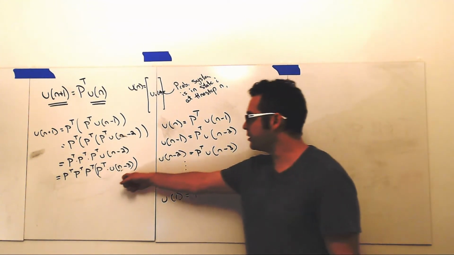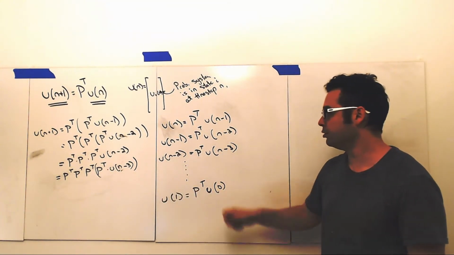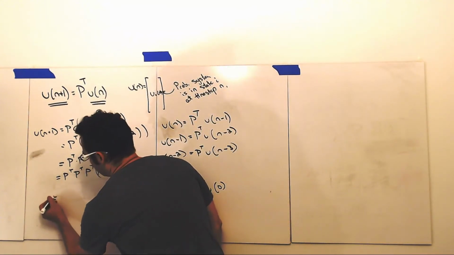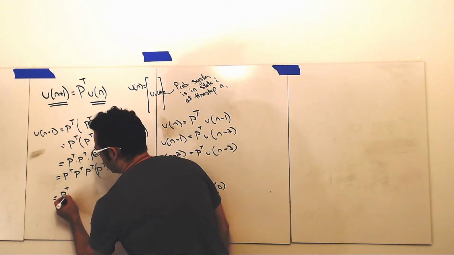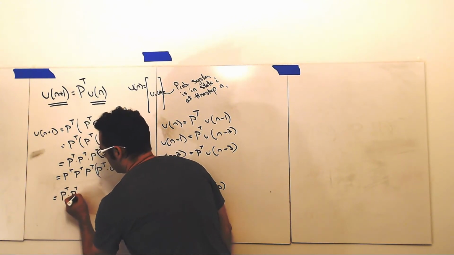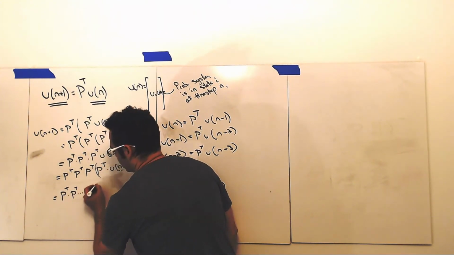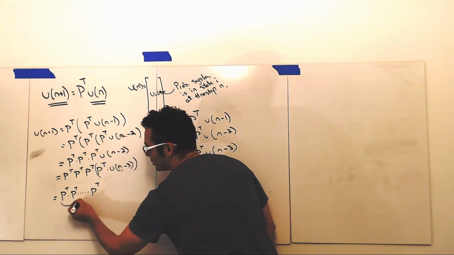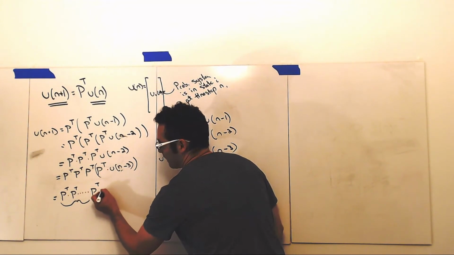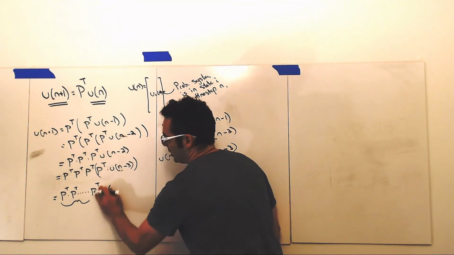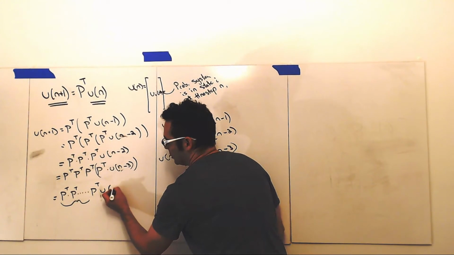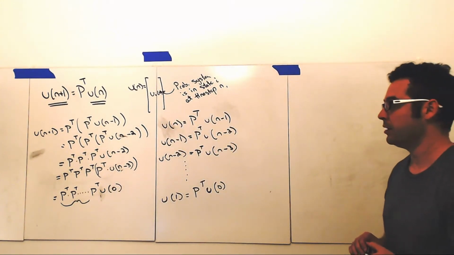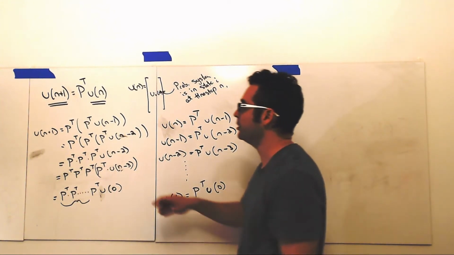So if we take this all the way down to u of 0, what do we end up with? We have p transpose times p transpose all the way to p transpose. Let's just pretend we're going to have a whole bunch of these. The question becomes how many. We're going to multiply all these p's times u of 0 at some point. So how many do we think there'll be?